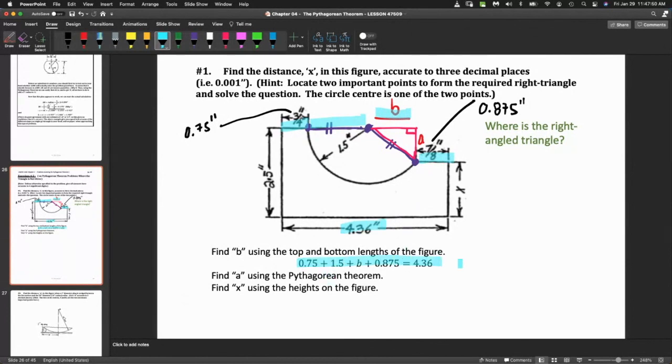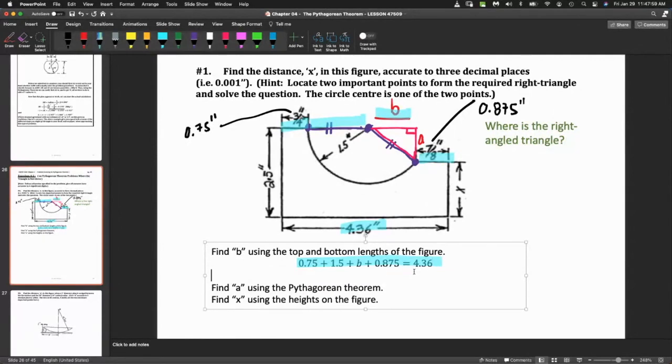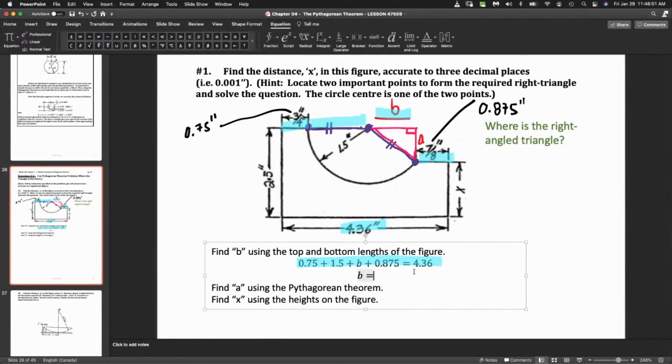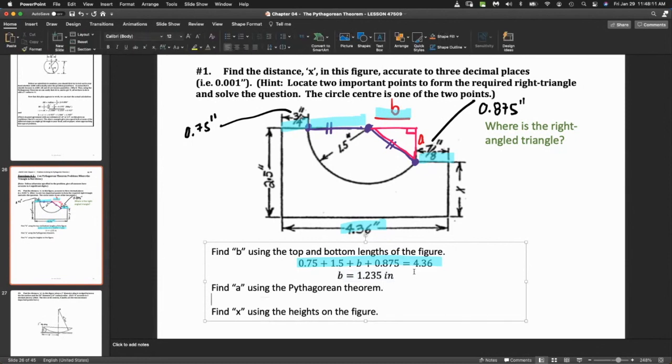That's what this is saying, okay? Because it's just lengths. So with that in mind, can someone report back to me the value of B? I got 1.235. Please confirm as I move on to the next part.